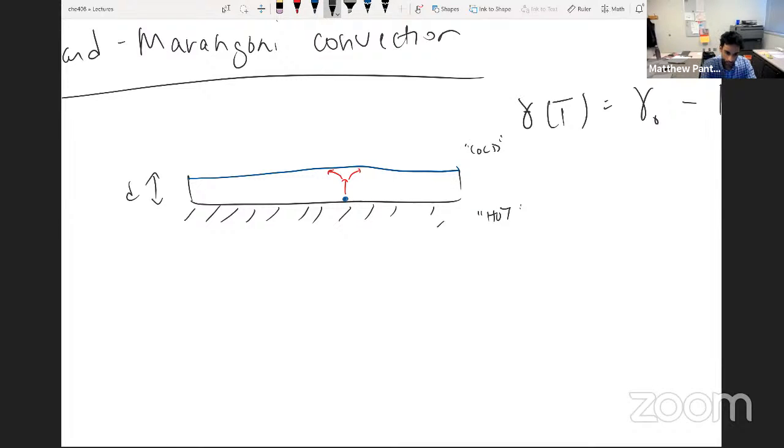So you'll get net fluid movement around in a circle like this. Likewise, you'll have one that's moving in the opposite direction like this. And you'll see that you'll have these sort of opposite direction vortices.